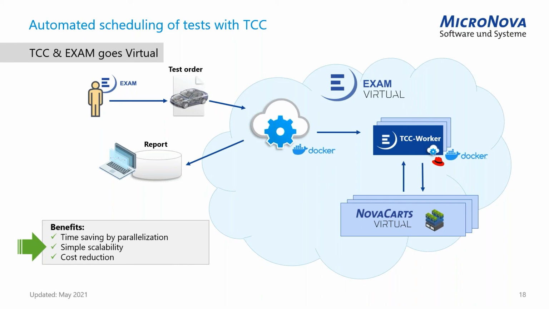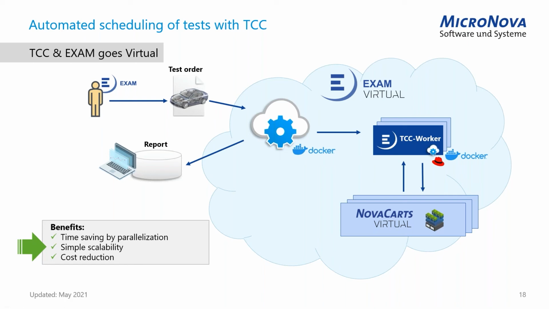What you can see here on the illustration is this virtual environment with multiple components, starting with the TCC server, which isn't installed on a Windows system now, but runs in a Docker container, and already brings up all the required resources that the server needs to be instantiated.